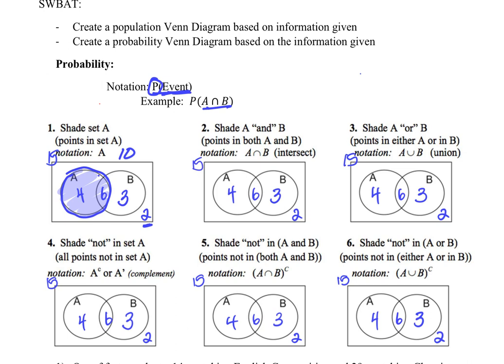Then we have A and B. The symbol is like an upside down U, and it's also the word intersect, or "and", because this spot right here is where they intersect. It's the people that both ski and rollerblade. There's 6 of them out of that 15 total. So that's the "and" symbol for intersection.